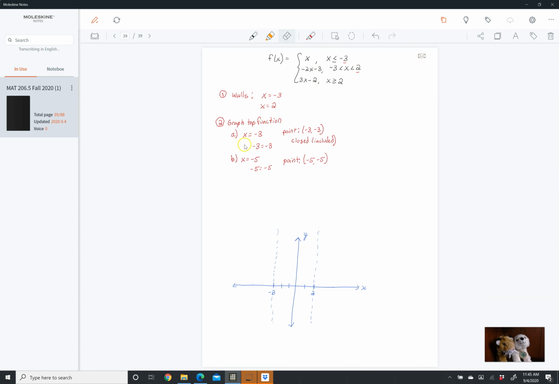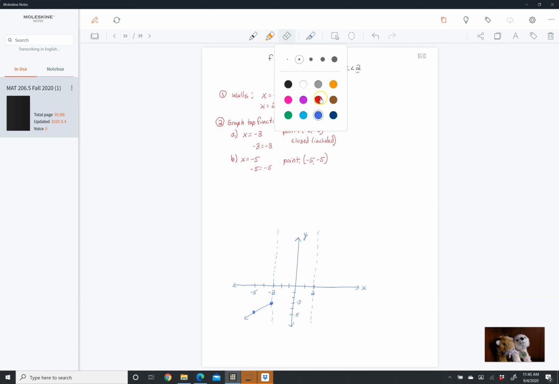Okay, so we have 2 points on this function. We have -3, -3, and -5, -5. So -3, -3 is a closed dot. Then we have -5, -5. Remember, everything is closed when it's not on the wall. And our arrow points away from the wall.